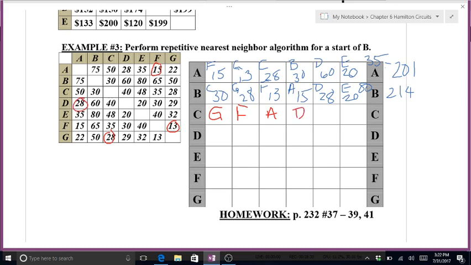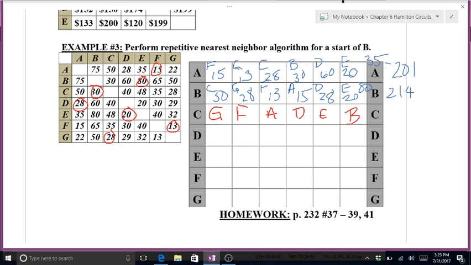When I leave D, I've got B or E left, so we're going to go on to E. And then on to B. E to B is 80. And B back to C is 30.